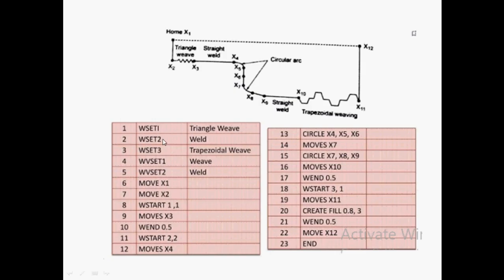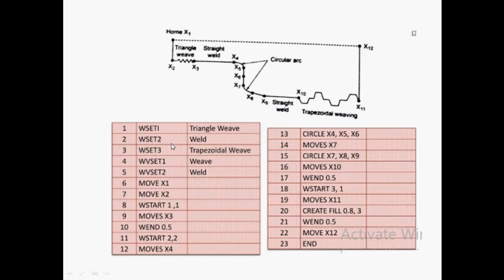That is the condition we define in W set 1. We discussed in the previous slide the speed, welding voltage and current. These three parameters are required to be mentioned in welding set 1. Here it is not mentioned because it is a generalized program. That is why we only write W set 1 here. This is the setting for the triangle weave.